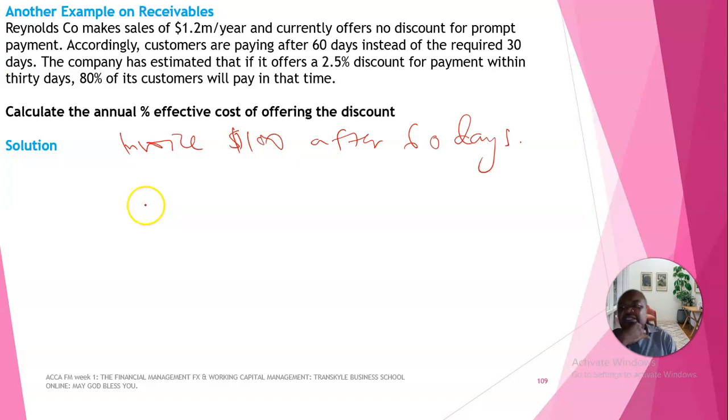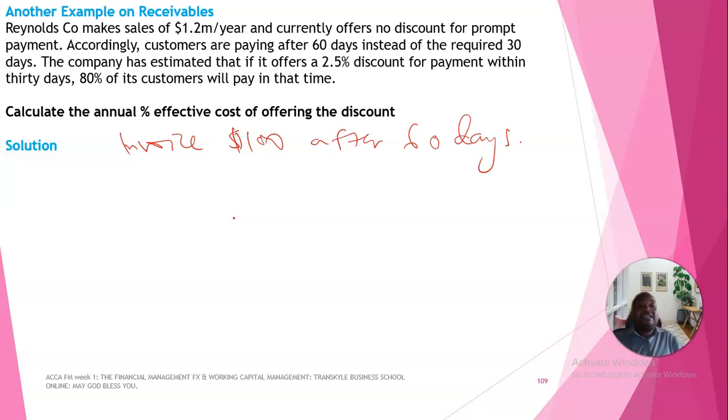So in that case, there is a benefit that is going to be enjoyed by the company. The benefit is not the 2.5%, but rather the 97.5% extra cash they are going to have in a month instead of waiting for that cash for 60 days.